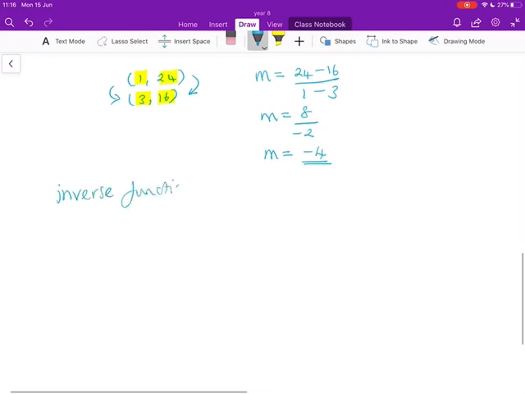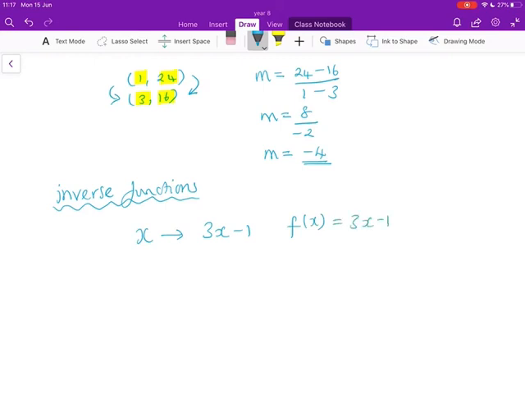Then you asked about inverse functions. So let's say we've got a function x maps to 3x minus 1. Might be written like that, it might be written like this, or it might be written like that.